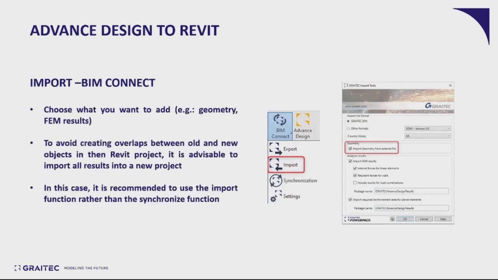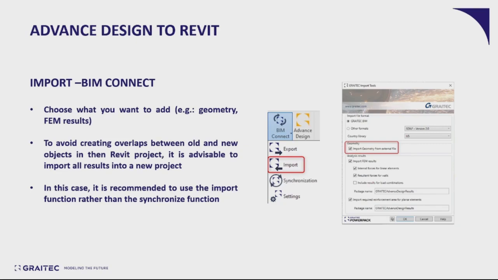In order to import the file back to Revit, the import functionality is selected from the BIM Connect options from the Revit interface. And the model is now imported from Advanced Design back to Revit. A few tips.